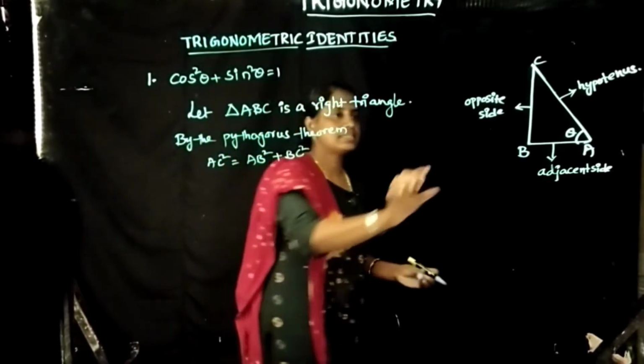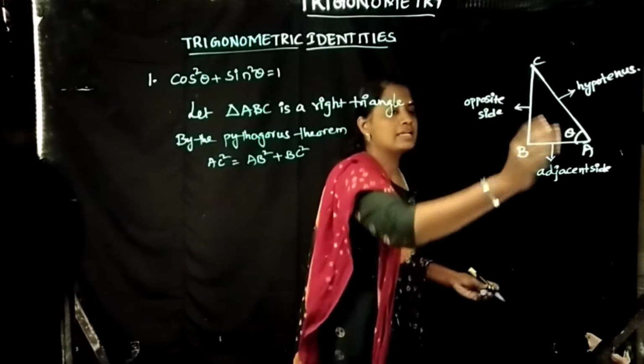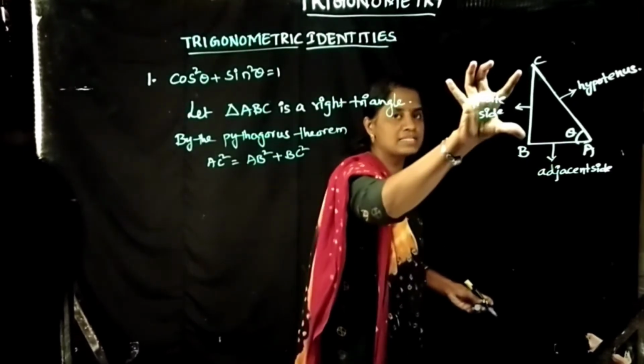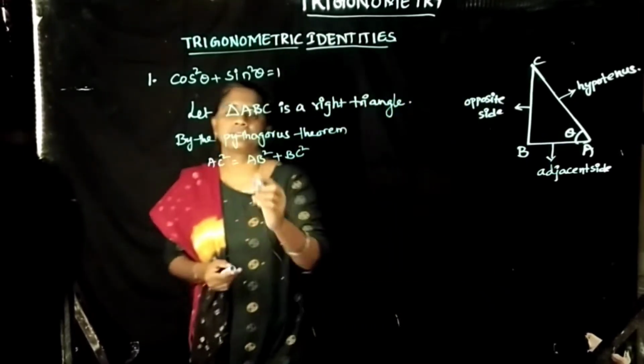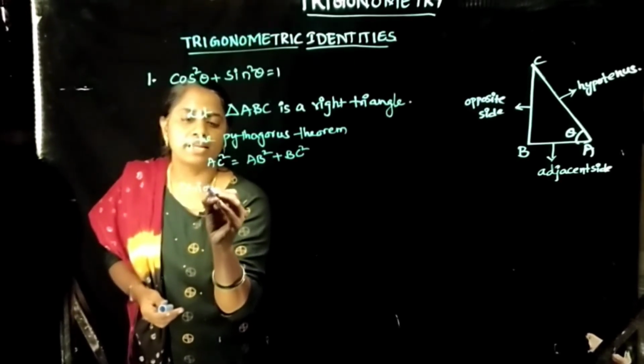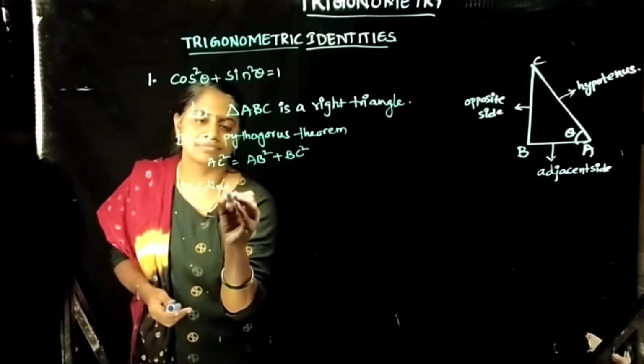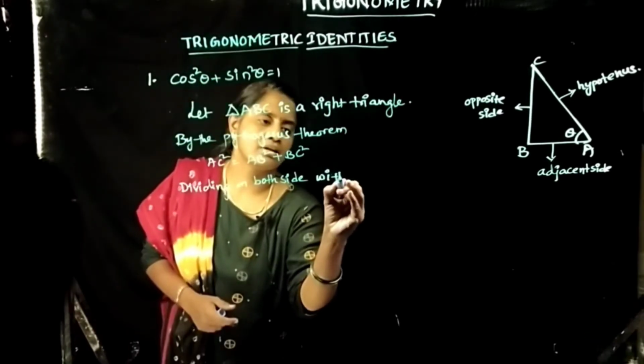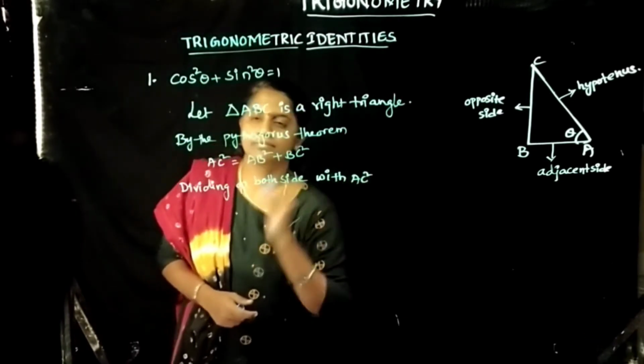Here, what is the Pythagoras theorem? AC square is equal to AB square plus BC square. Let us divide on both sides by AC square.